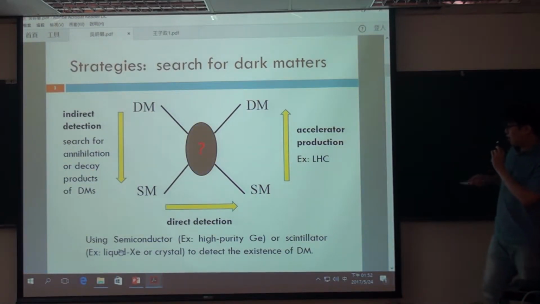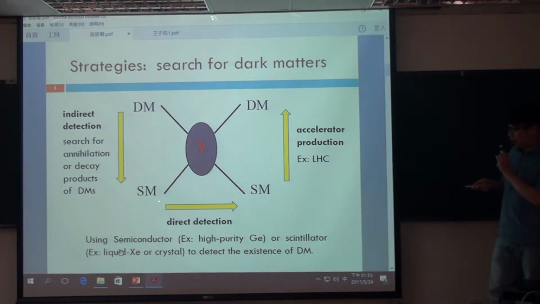In the reverse way, people can also accelerate standard model particles to a very high energy, and the collision can produce some new unknown particles. And the last one in this direction is so-called direct detection.